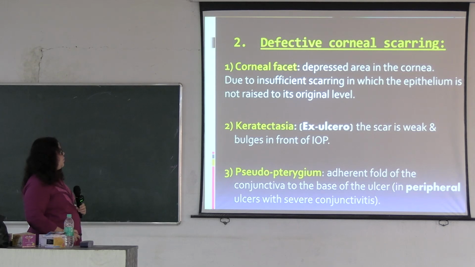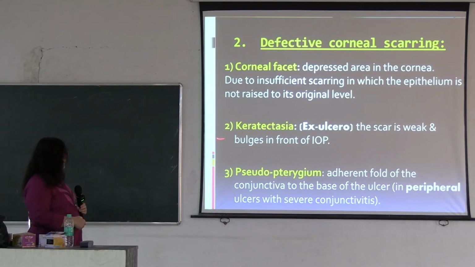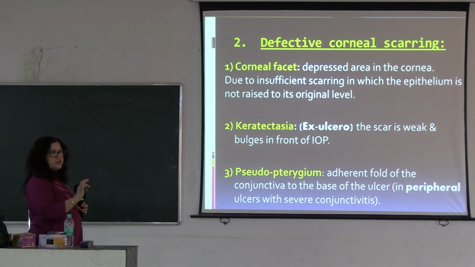This is due to insufficient scar tissue, and epithelialization is reduced in this condition. There is not much epithelialization. Then the second one is keratectasia. Here the scar is weak, and if pressure is increased, it bulges outside. This is called keratectasia.